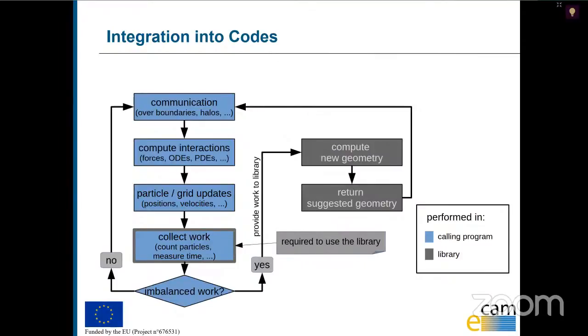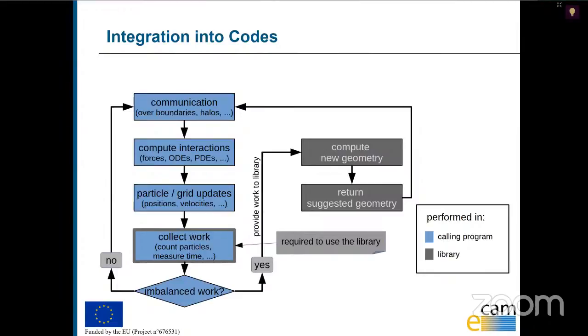Now, if you want to use the library, you would have to add an additional step, which would be to collect the work, for example, by counting particles or grid points, or by measuring time spent in the previous steps, to define your work for your program.